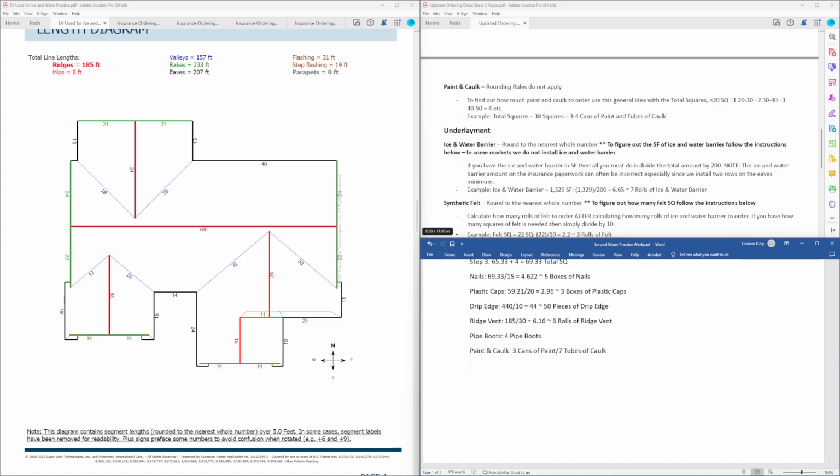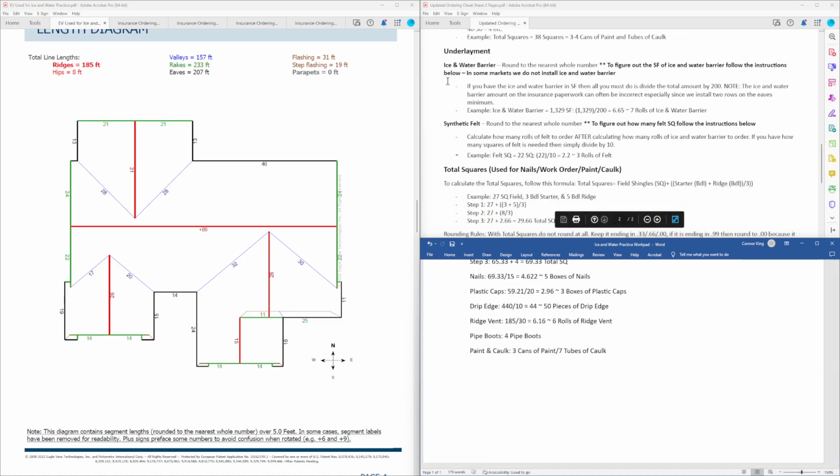So we're normally going off of our total squares to determine the paint and caulk as kind of just a general quick and easy rule. But they're using the cans of paint to spray paint any of the flashings. And so if there's not a lot of flashings on a house, they're going to obviously be using less paint. And so I'm going to make that decision because I know that we don't have the box vents to just use 3 cans of paint on this one.